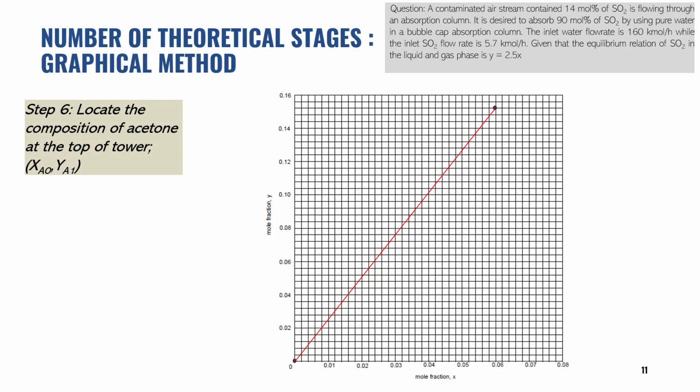The next one is to locate the compositions. Sorry, it's not certain here. The composition of SO2 at the top of the tower is denoted as XA0 and YA1. Alright, so we need to do some calculation to find the mole fractions. XA0 is actually 0, which means we don't have any SO2 in the liquid stream.